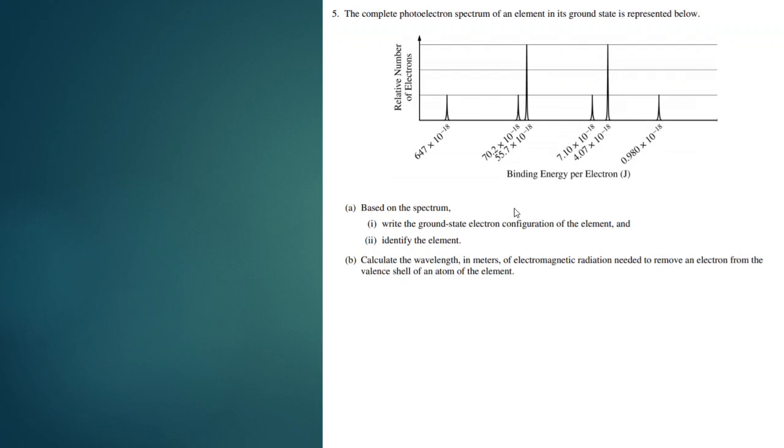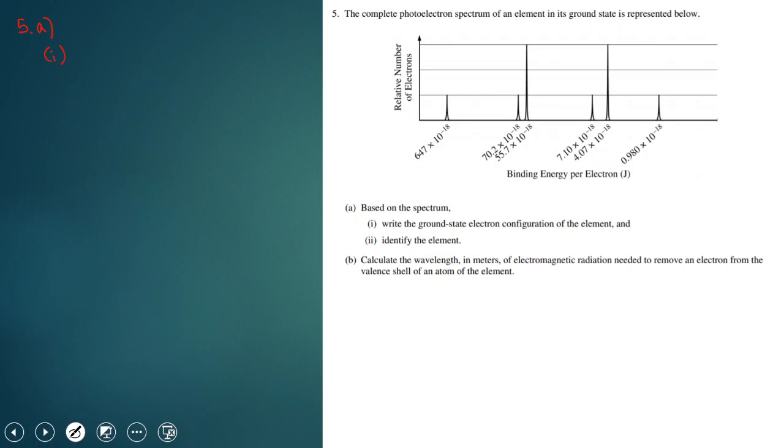Alright, number 5. This is photoelectron spectroscopy. A fun topic. PES. Alright, so based on the spectrum, write the ground state electron configuration of the element and identify the element. Okay, how exactly do we do this? Well, we look at the peaks, and we assume that the graph has a scale of 2, 4, and 6.